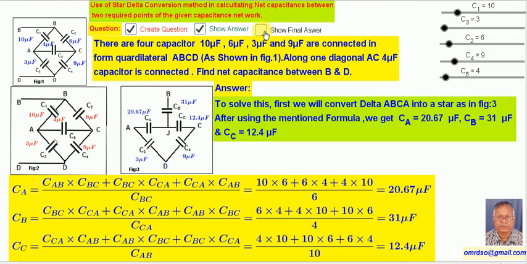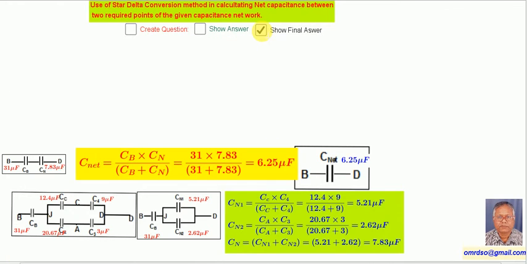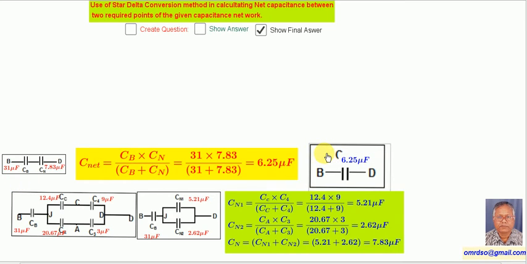Now show the final answer. How is it the final answer? Now see. CBD, the net capacitance, is CB into Cn upon CB plus Cn. From where I got CB and Cn, I have already shown you here. B and D points are there.